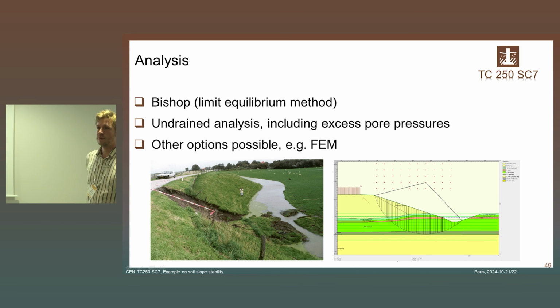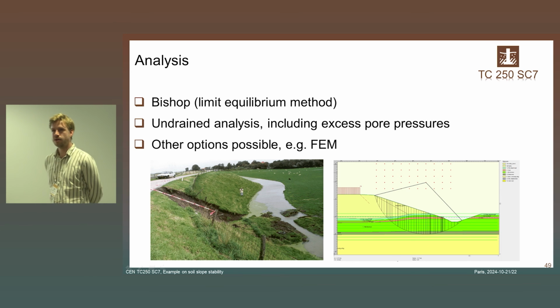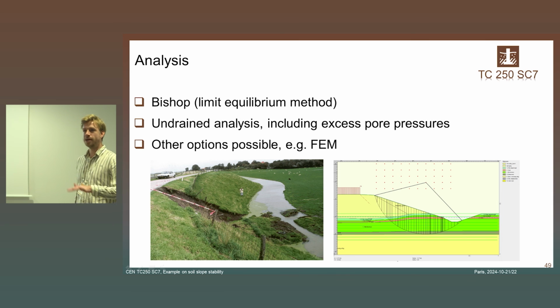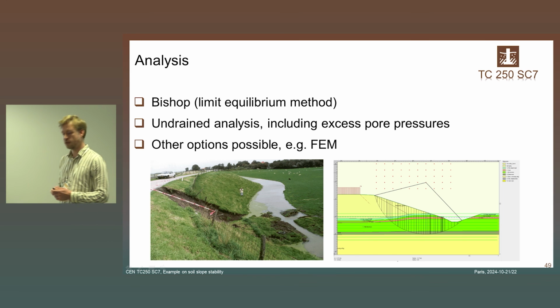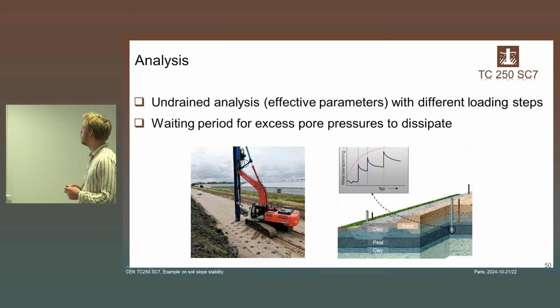As many cross-sections had to be analyzed, a relatively easy method was used, Bishop, but I believe for this use it's a proper method. I will come back on the next slide on the drain analysis, and of course for more complex situations, or if it's on the edge of being stable, more advanced methods can be used, such as numerical methods.